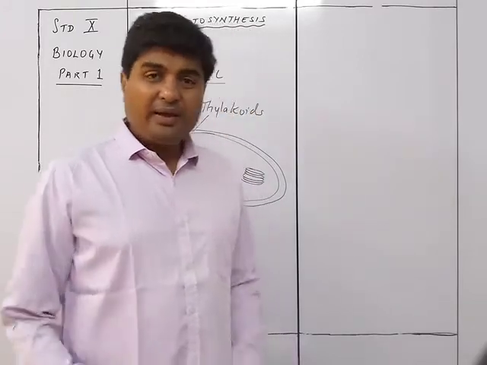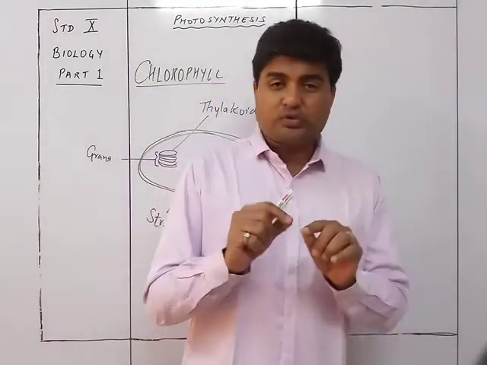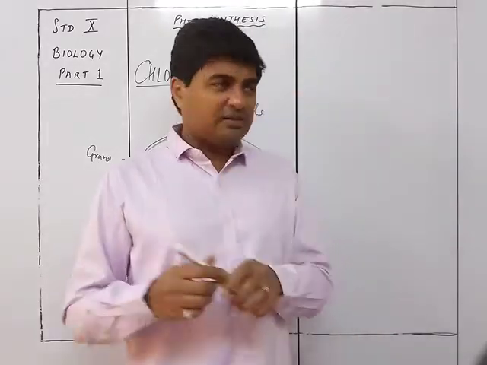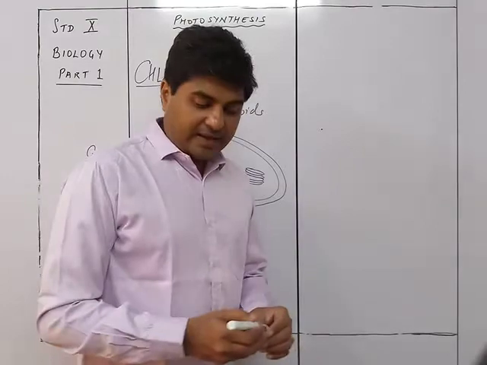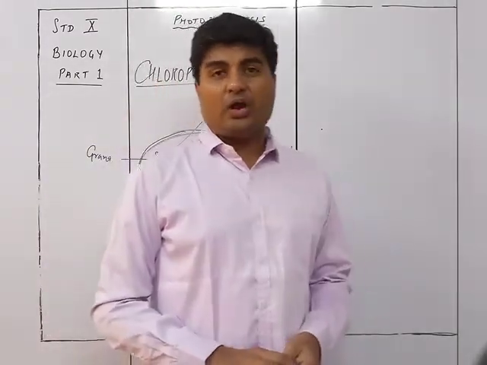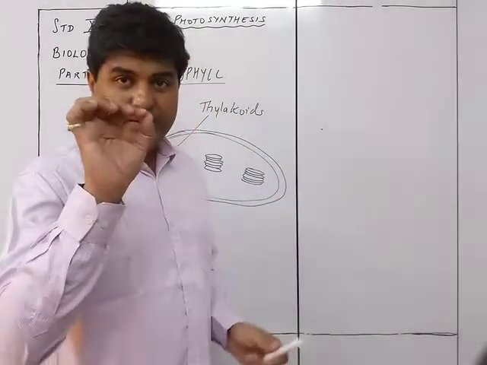So on one square mm of leaf, which is hardly a dot, there are around 5 lakh chloroplasts.